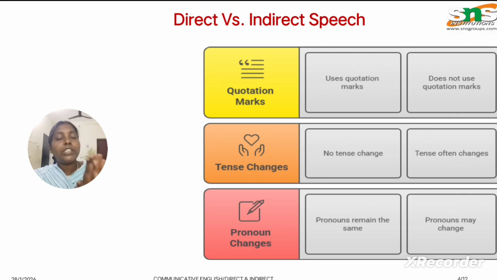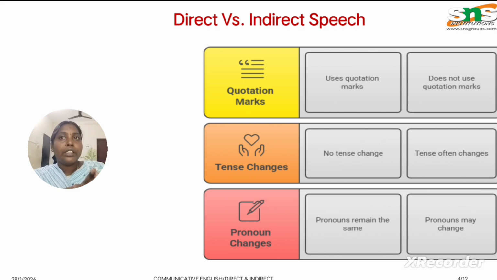Pronoun changes relate to the first person and third person, right? So I can be changed into he or she, and you can be changed into me or him. Always keep in your mind that I refers to the speaker and you refers to the receiver.